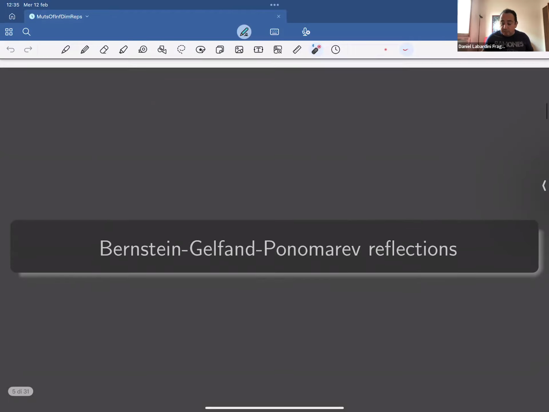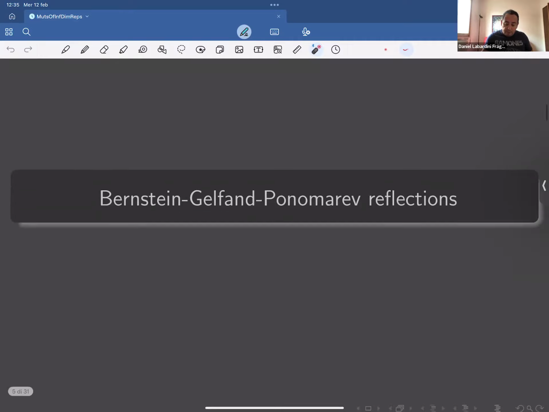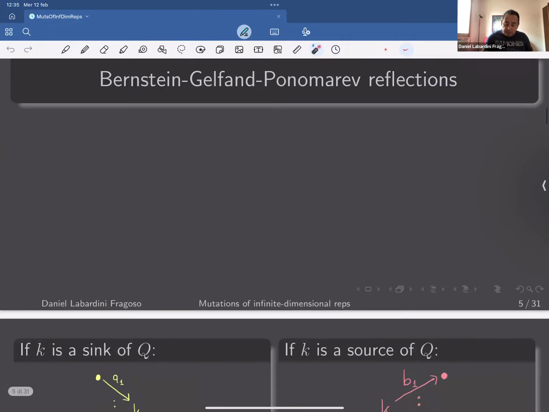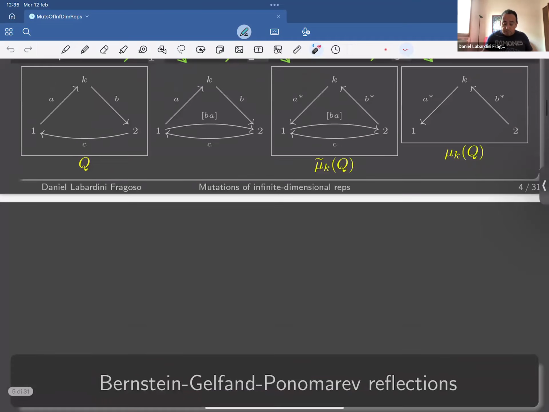Let me remind you also very briefly about Bernstein-Gelfand-Ponomarev reflections. Why do I want to recall them?